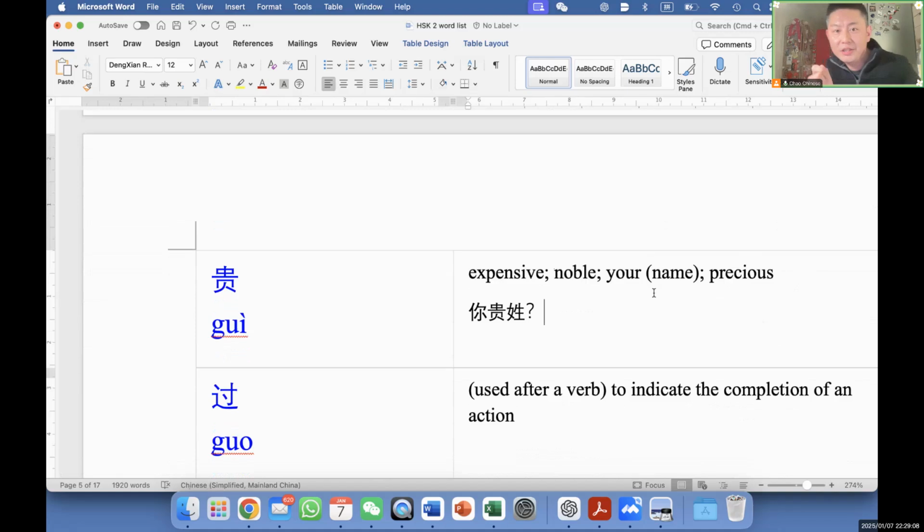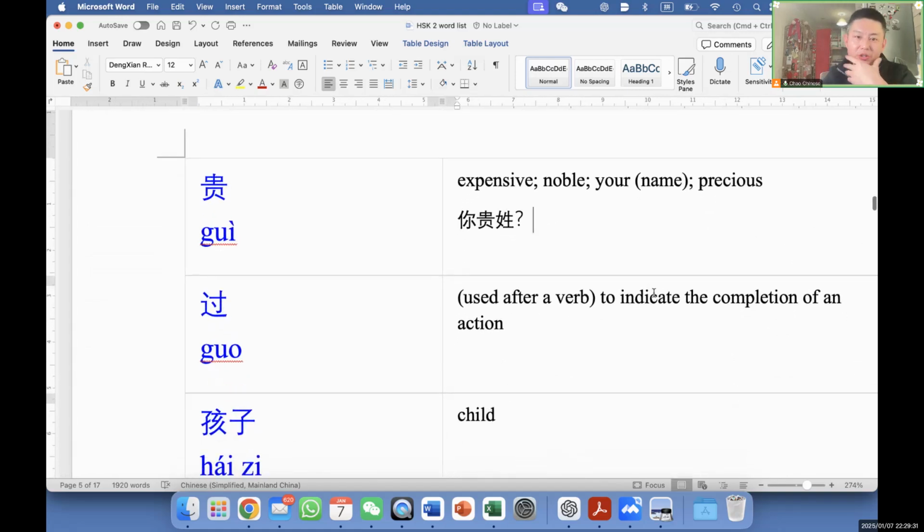Only 你贵姓. And you don't understand the reason why? Because family names are very important in China. The name of family, the family spirit, your name is very important. So that's why we have created a phrase, your expensive, your honorable, your noble surname is what? So it means what's your surname?